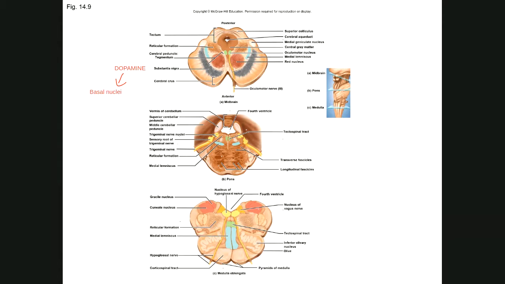Now, where are the basal nuclei? We'll take a look at the basal nuclei in a few moments. But dopamine is an important neurotransmitter that regulates the basal nuclei. So when we learn the function of the basal nuclei, you will then understand what the importance of dopamine is for. Okay? So keep that on hold and we'll get to that in a moment.